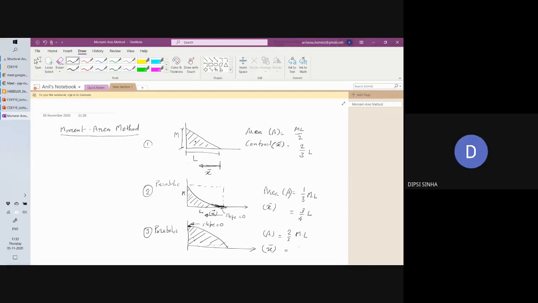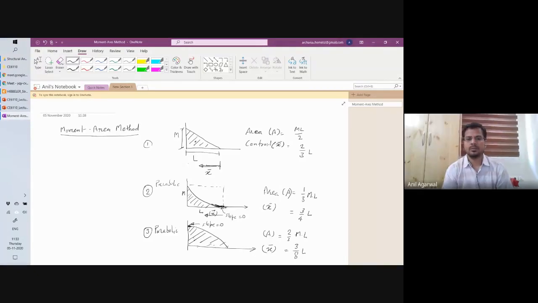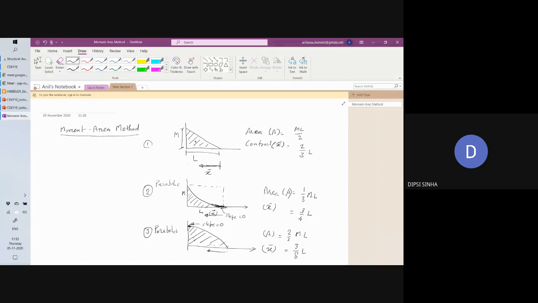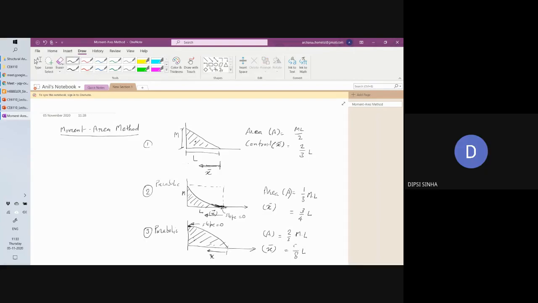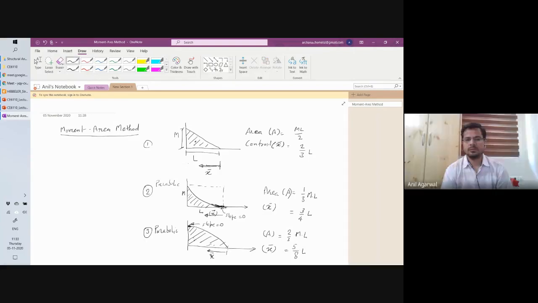Is it 3/8 of L? On the opposite side. Is it from the other side? 5/8. Yeah, the slope is 0. Correct. So X bar will be 5/8.